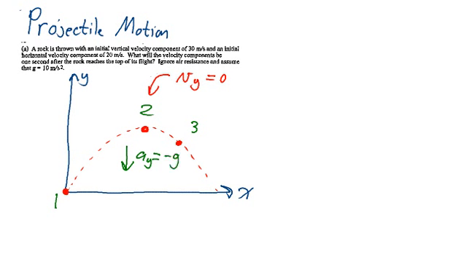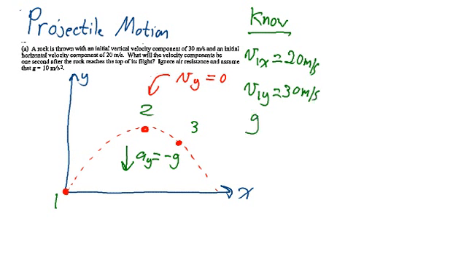So we can go ahead and make a table of what we know and what it is we want to find. So we're given the initial velocity components, v1x equals 20 meters per second, and v1y is equal to 30.